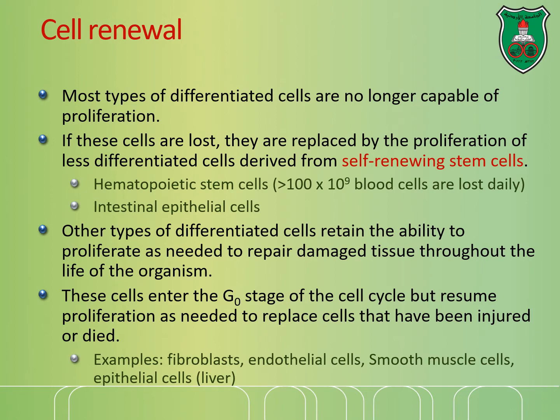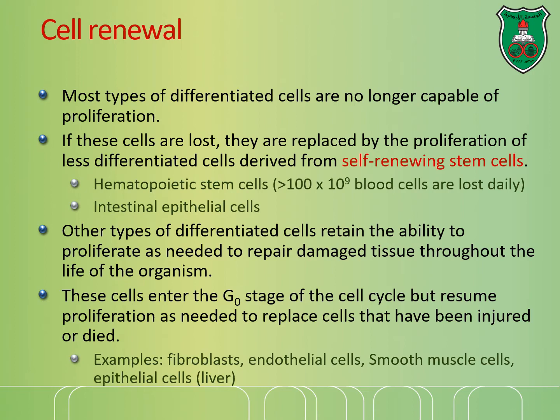So for example, you have hematopoietic stem cells that can renew over 1 billion blood cells that are lost daily. Intestinal epithelial cells are also renewed as well, since many of these cells are sloughed off. They are the differentiated cells. They are removed due to the harsh environment that they stay in.